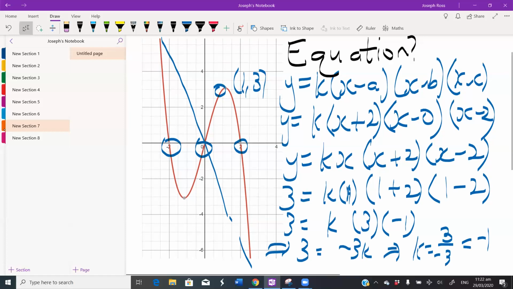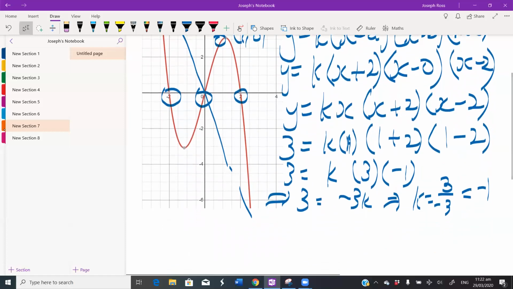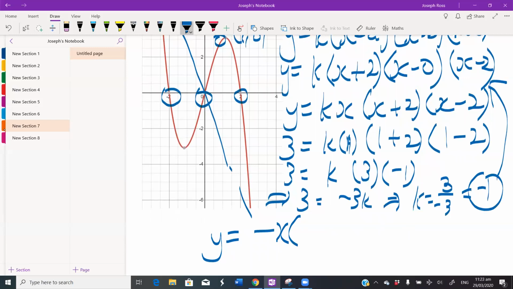And therefore our equation for that cubic is y equals k, which is -1. We'll only need to write the negative. And then we have an x at the front, because we're substituting -1 back into that line of working. So we've got -x times x plus 2 times x minus 2.